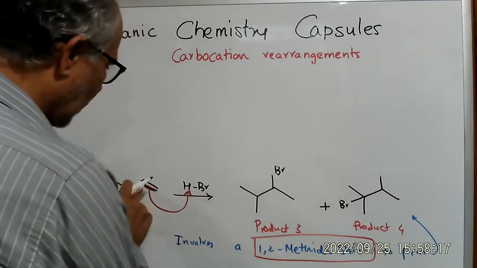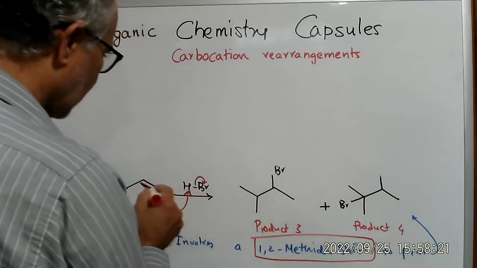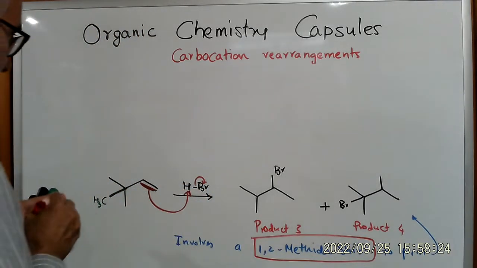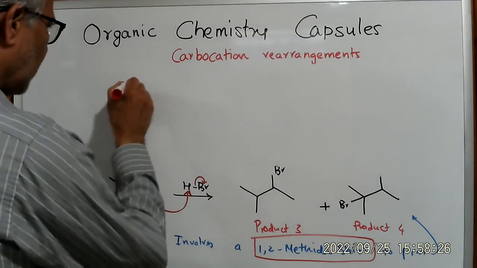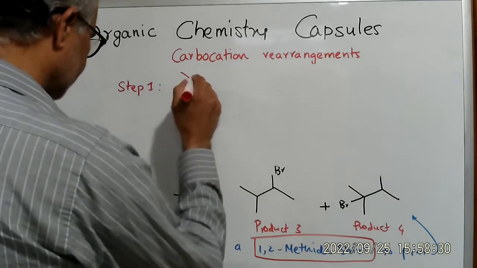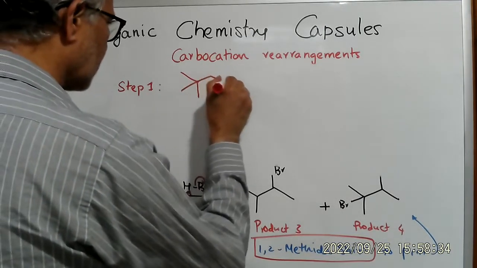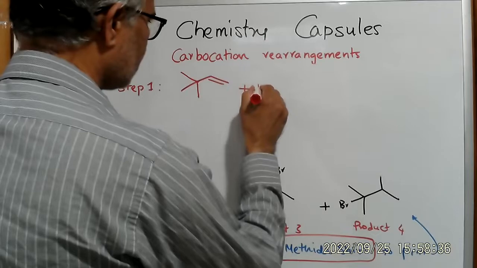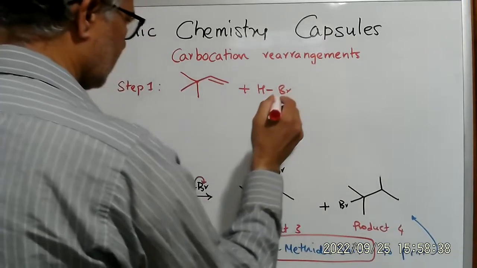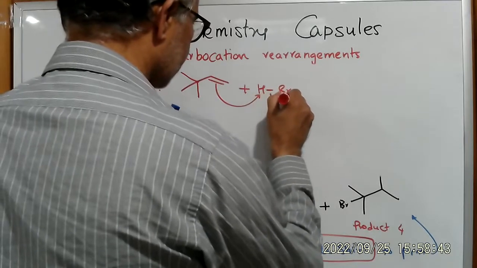So the double bond electrons are picking up the hydrogen and the bond breaks. That will be our step 1. I'll write the mechanism here. Step 1, I'll rewrite it. Electron flow from the double bond to hydrogen.